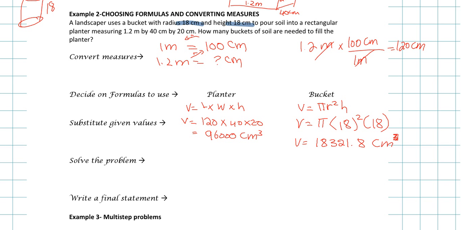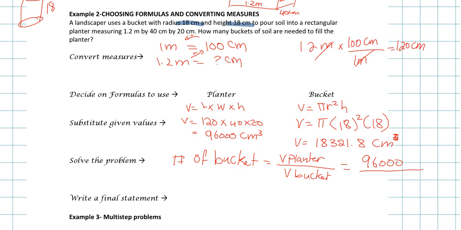So what we have to do to find the number of buckets is divide the volume of the planter by the volume of the bucket. And that's going to be 5.2.